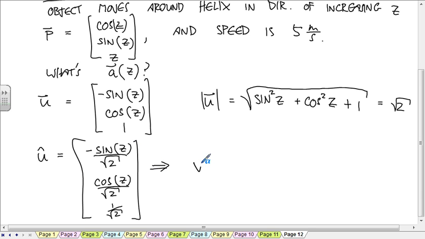And that means that the velocity vector is 5 meters per second times this. So negative 5 over root 2 times sine of z, positive 5 over root 2 times cosine of z, and positive 5 over root 2.